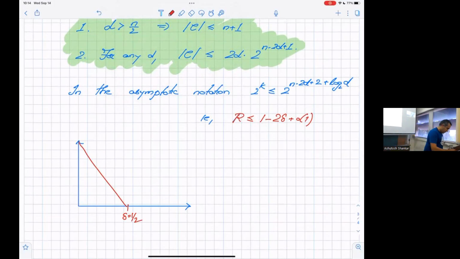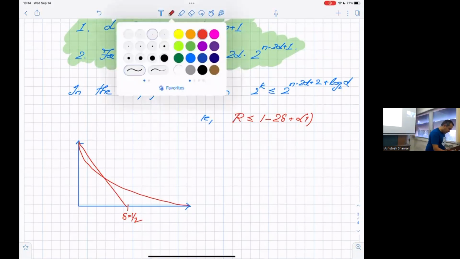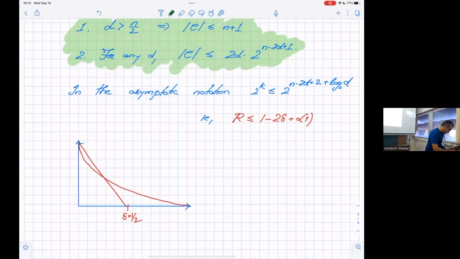The Hamming bound is a bound which starts off like that and then goes. So there's an initial region where the Hamming bound is better than the Plotkin bound, and then the Plotkin bound beats it. And then of course you have the Gilbert bound, which is sitting below both these curves.